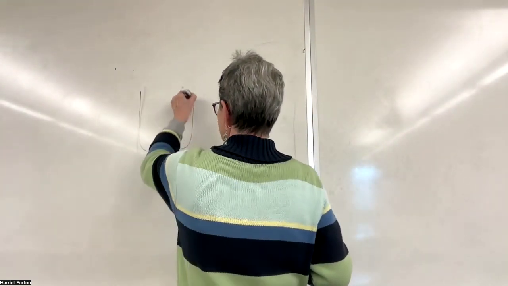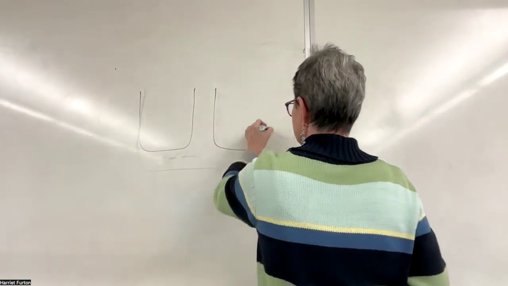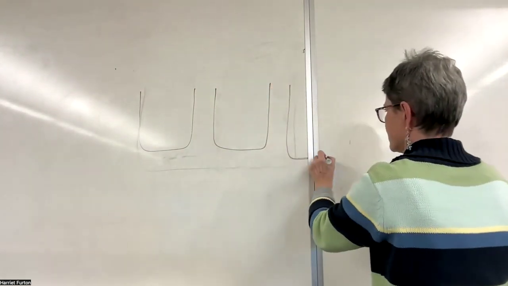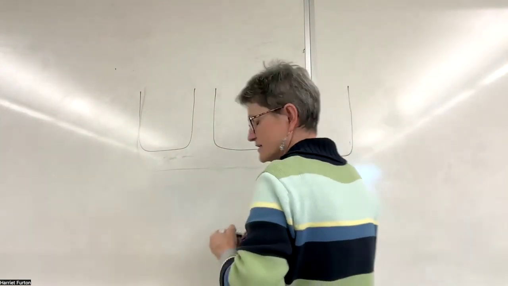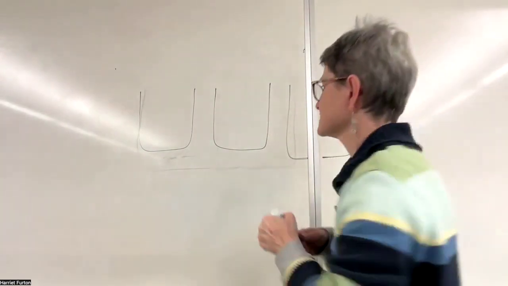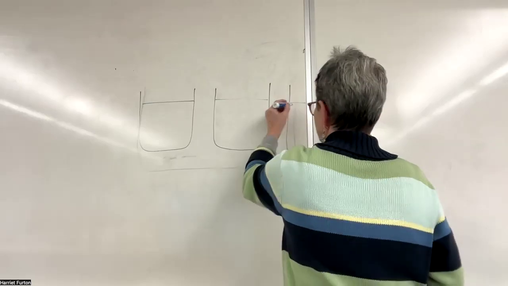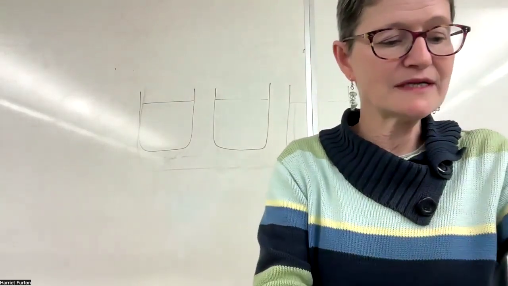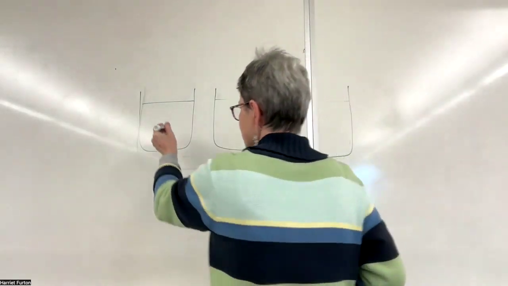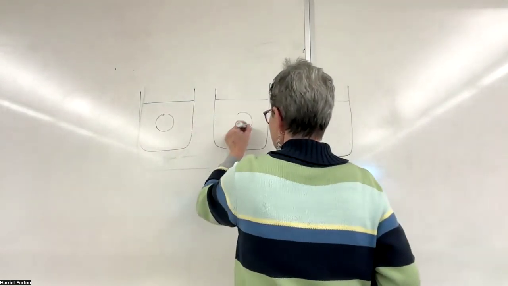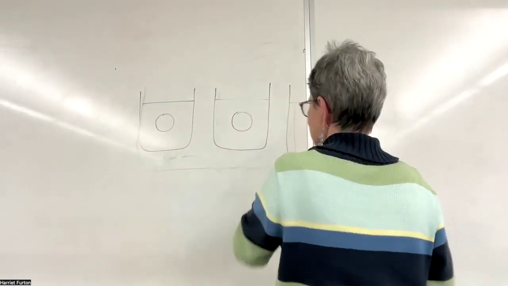We have 3 containers. And each of the containers has a solution in it. And we place one cell in each container. This is a cell, that is a cell, that is a cell.